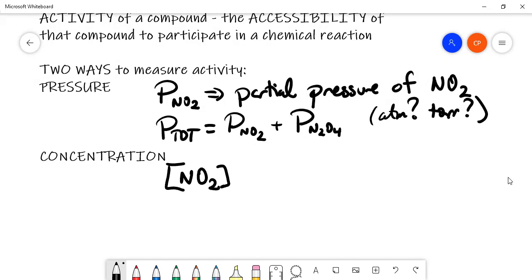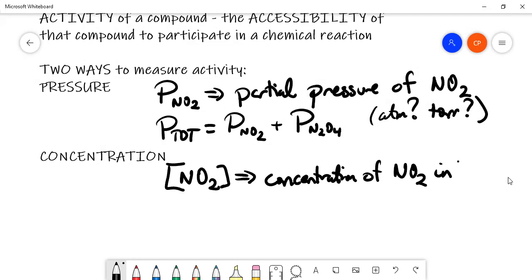As we get into this course, what I'm going to do to represent the concentration of something like NO2 is write the formula NO2 and then put it in square brackets. This square bracket formulation represents the concentration of NO2 in moles per liter, or in molarity units.